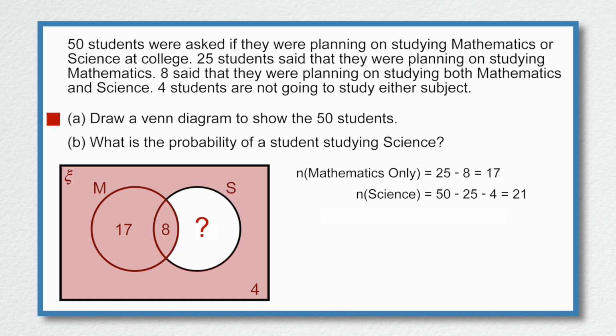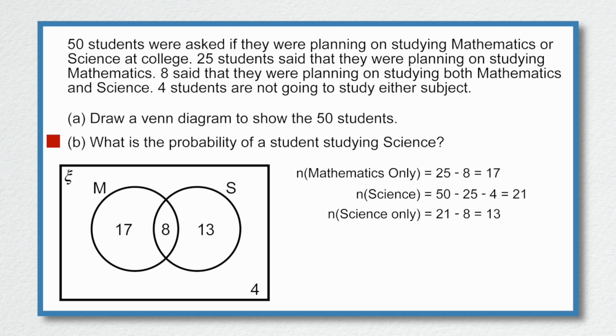So that's how many students plan to study science. But we need to work out how many plan to study science only. And that is equal to 21 subtract 8. Remember, 8 is those students who plan to study both subjects. And this is equal to 13. And there is our completed Venn diagram.